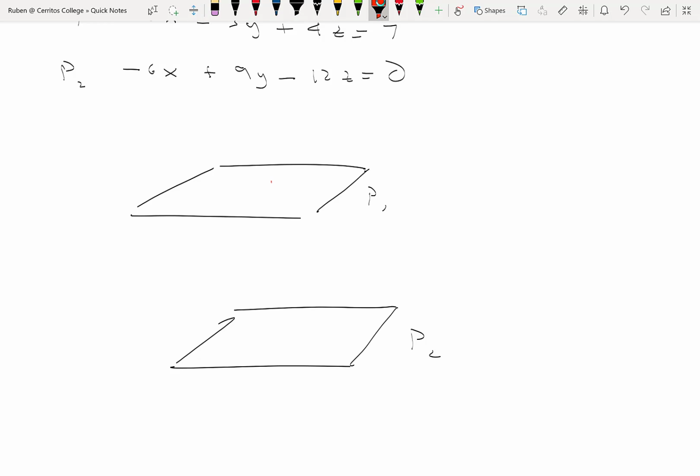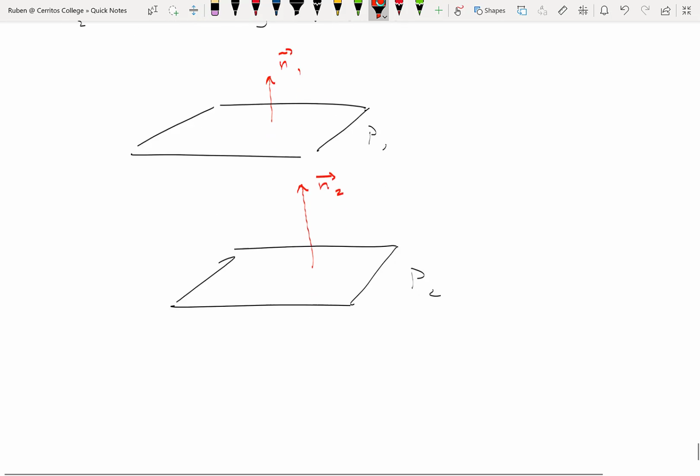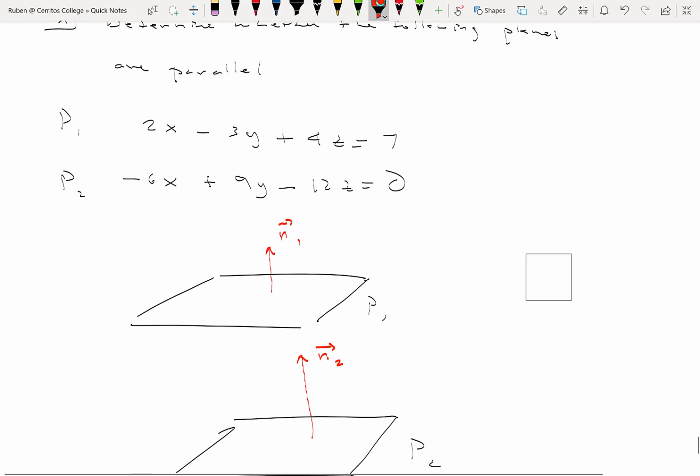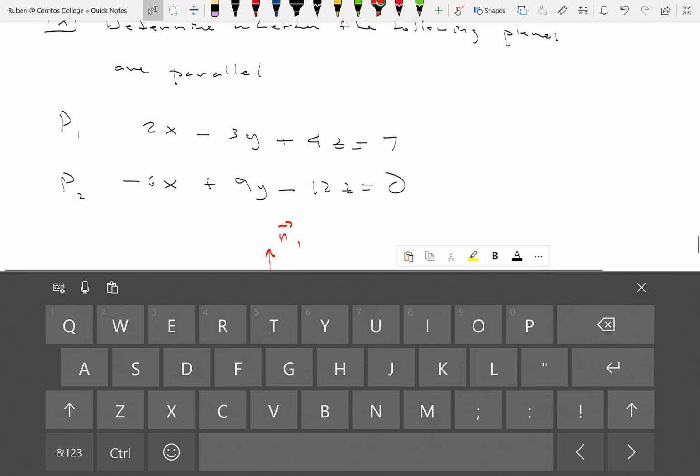The answer is compare their normals. If the normal from one plane is parallel to the normal from the other plane, then the two planes must be parallel. Okay, so just find two normals. The normals are the coefficients of the variables, the components of the normals.